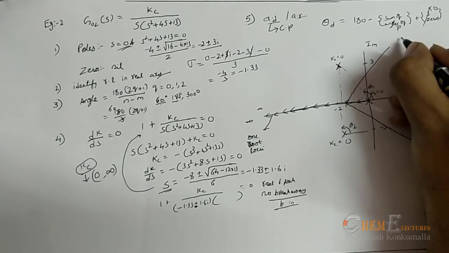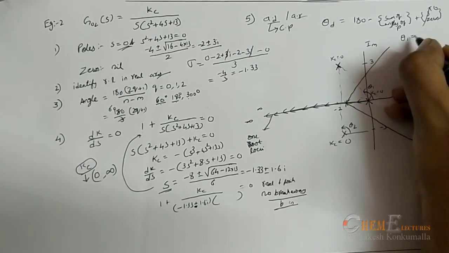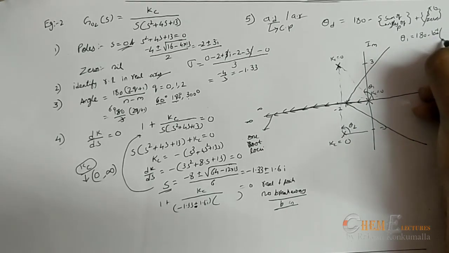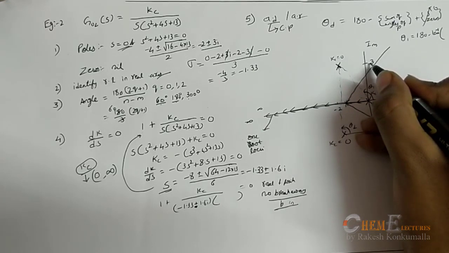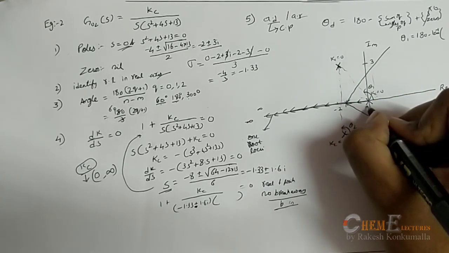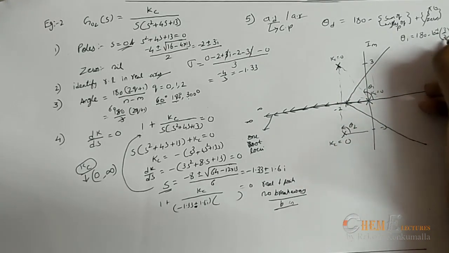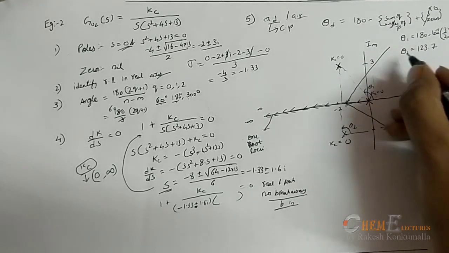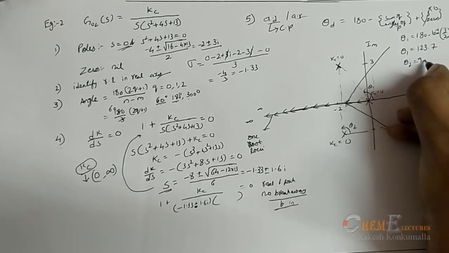Then my theta 1 is equal to 180 minus tan inverse of, this height will be 3 and this x-axis will be 2, which means 3 by 2. Theta 1 is equal to 123.7. Now my theta 2 is equal to 90 degrees.